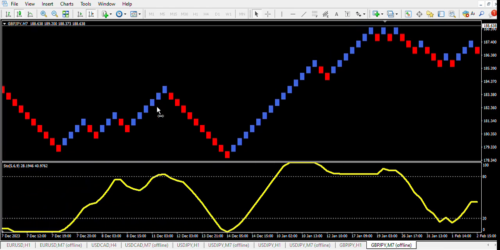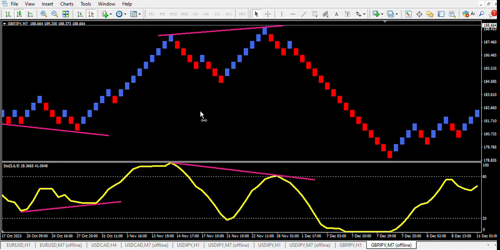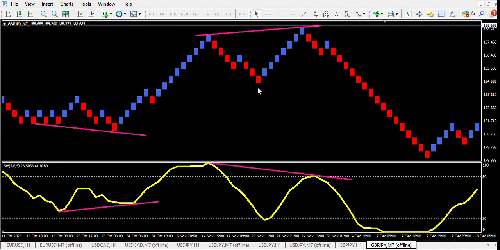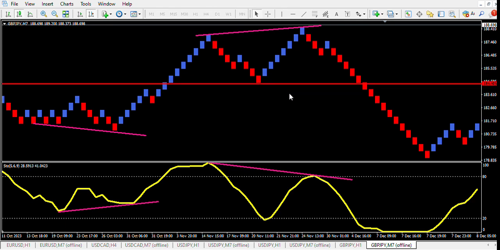That would have been a very nice trade. Let's just look left here and see what else I found. Now here's another one. This is divergent. You can see obviously the market was going up like this, stochastic was going down. And this one here would have been a really, really nice trade. You're not going to get all the profit on all these, but if you can get a good sizable profit on these, I think that's great.